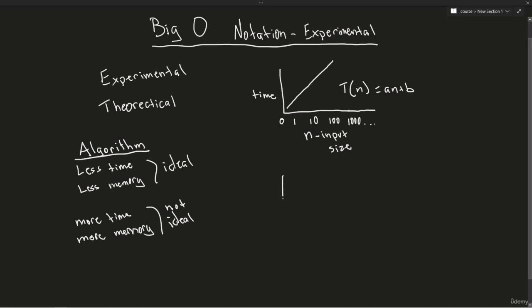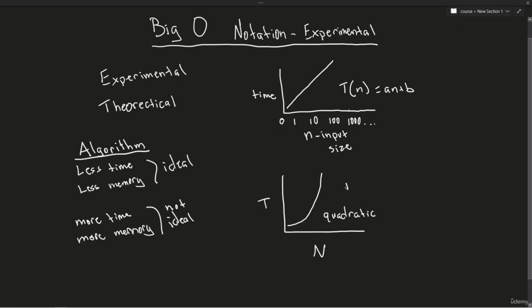So again, we can look at another graph here where we have our time and our input size, and we can also have a graph that looks something like this, and this would be quadratic.